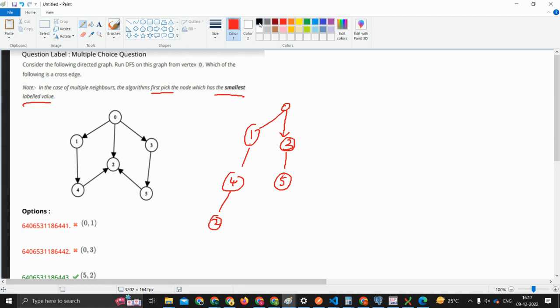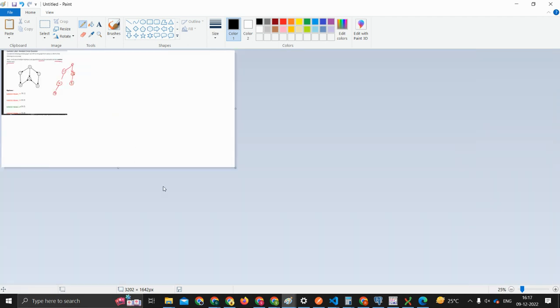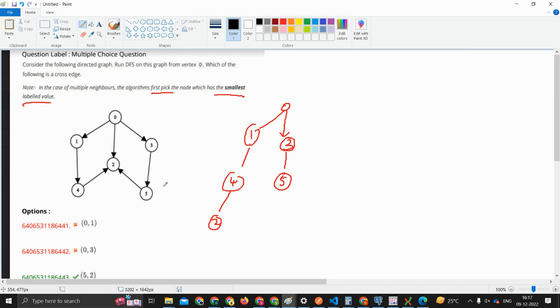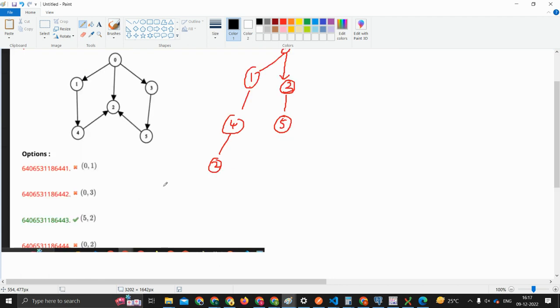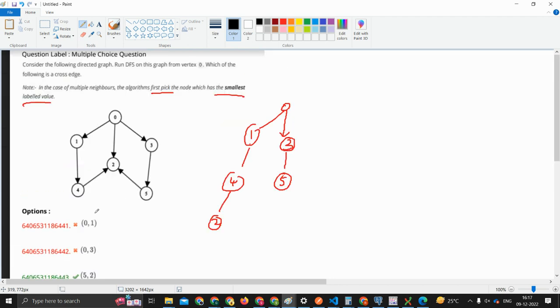So what is the question asking? Which of the following is a cross edge?